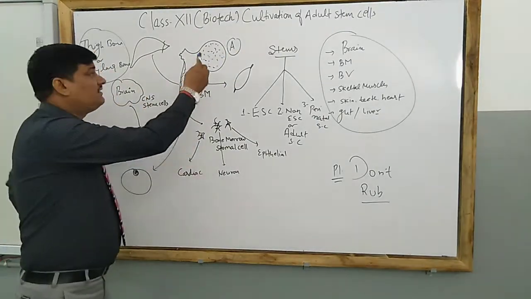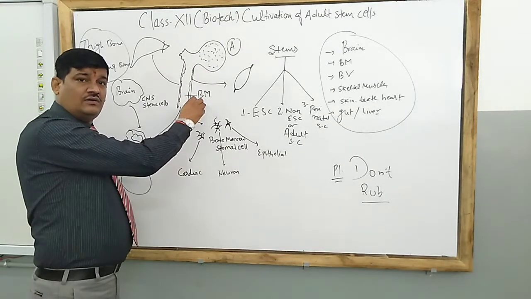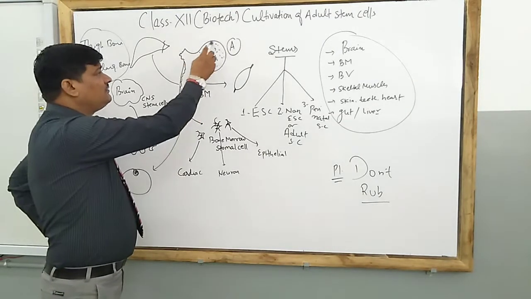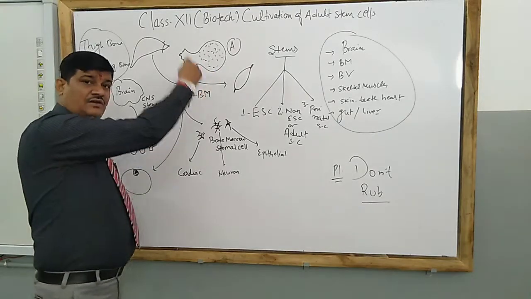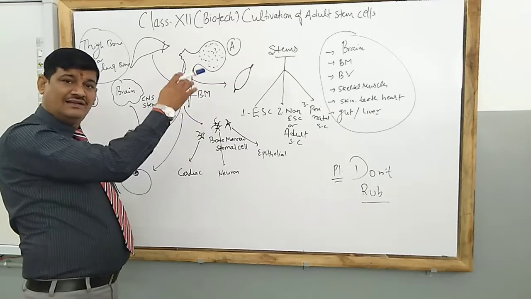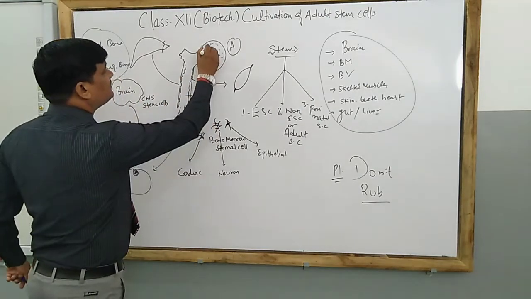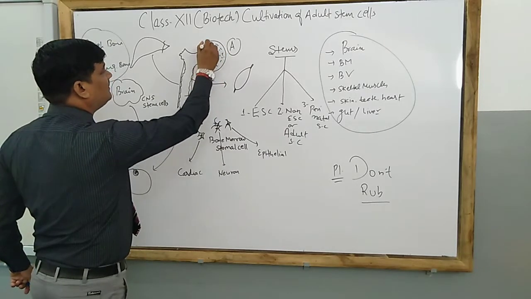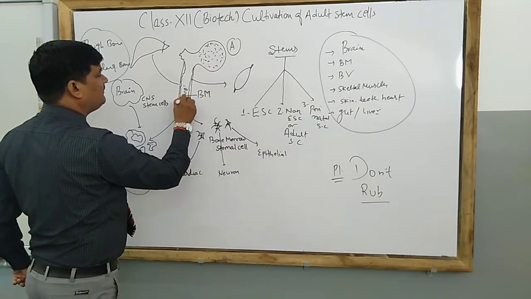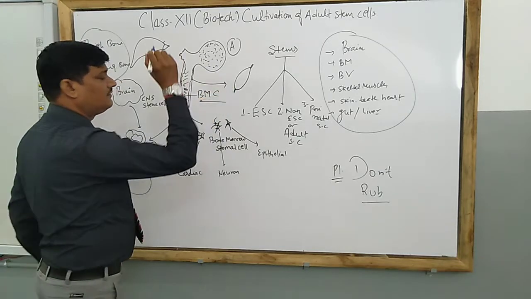So children, this is the structure of our bone marrow. This is the longitudinal section of the soft part of the large bone, that is the thigh bone, and you can see this small part, and this one is your bone marrow cells.